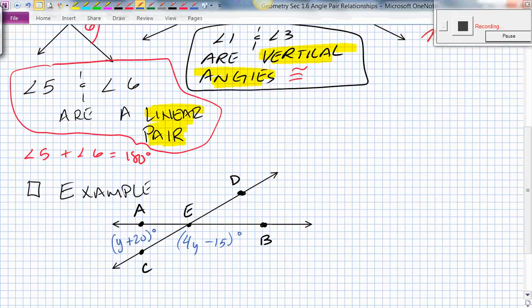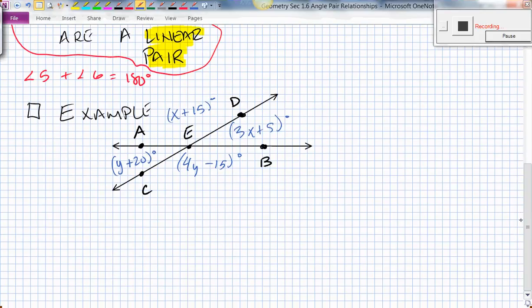Okay. Angle BED is a measure of 3x plus 5 degrees. And angle DEA is a measure of x plus 15 degrees. So tonight you're going to see this, and I want you to understand what you're seeing, okay?